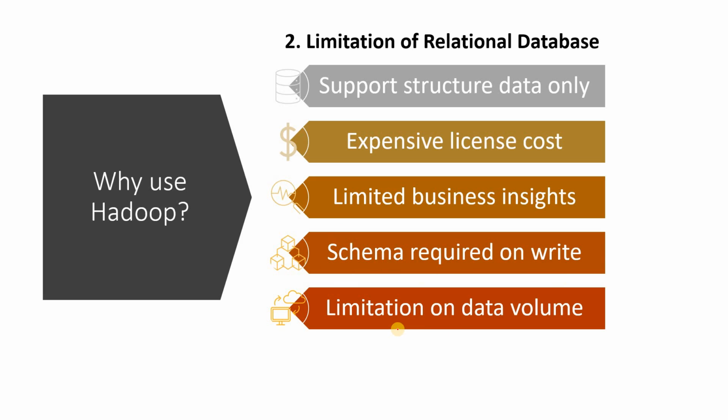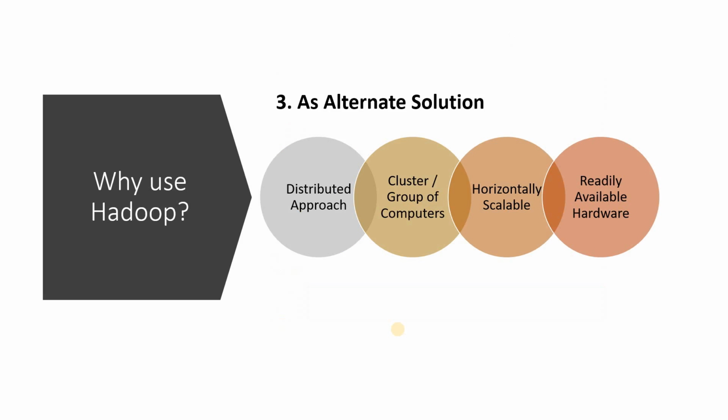It also has a limitation on data volume. Hence, we need something as an alternate solution to cater to this kind of problem of RDBMS or relational databases. So what is the alternate solution that we are searching for?